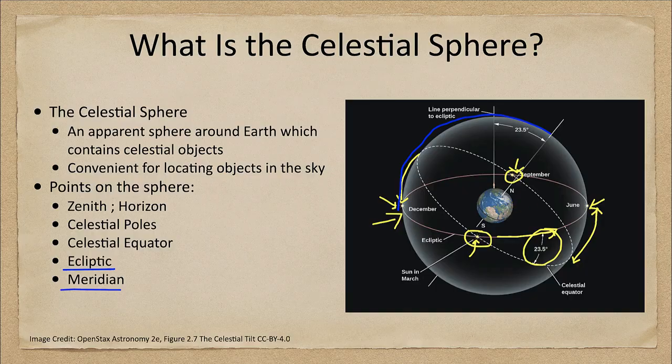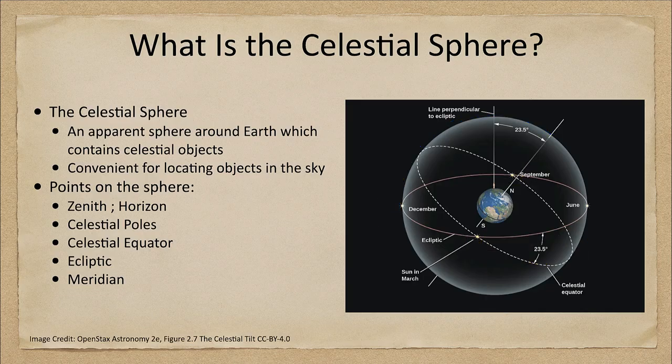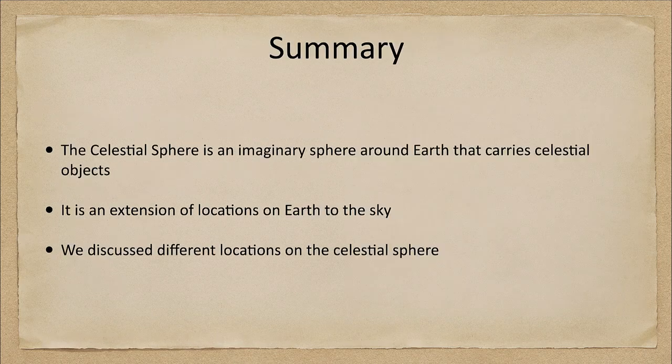So an object would rise in the east, would reach its highest point when it reaches the meridian, which is due south, and then would reach its lowest point as it sets in the west. So when the sun crosses the meridian, that is when it is at its highest point in the sky.